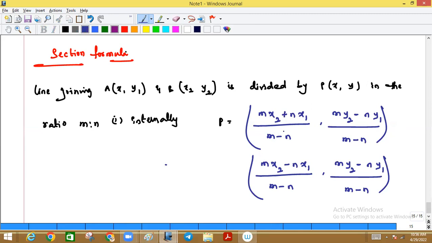Internally it is plus. For externally it is minus.